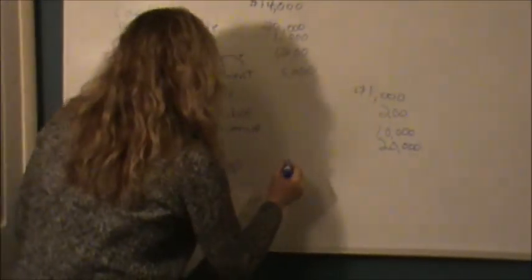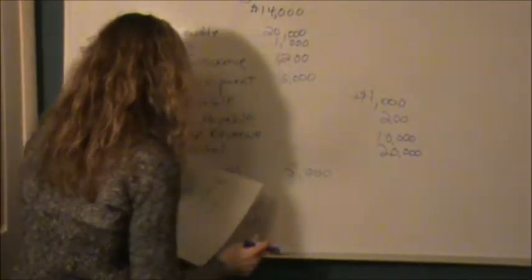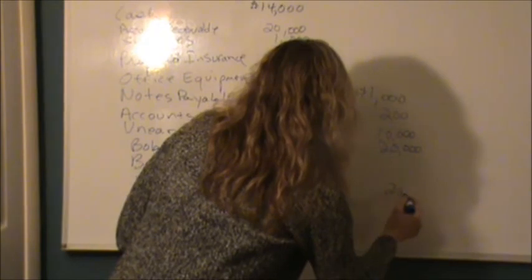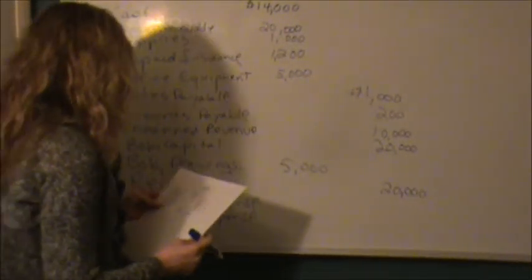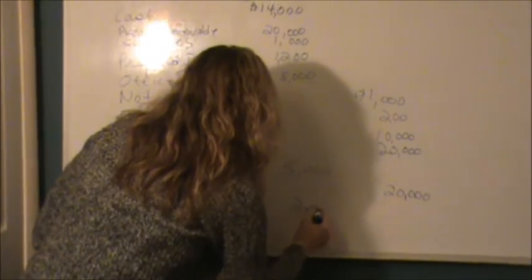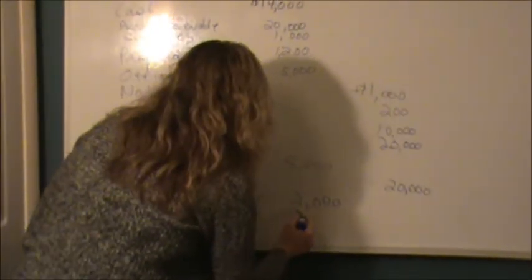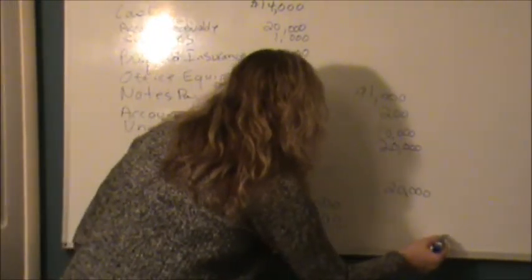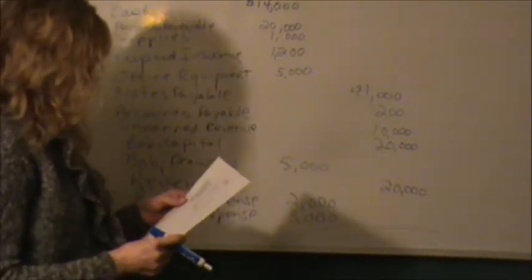Now we have Bob Drawings, those were $5,000. Revenue was $20,000. Rent expense, $2,000. And salaries expense, $3,000. I don't know if you'll see the bottom or not. It might be cut off, but it's fine because it is on the solution I sent you.